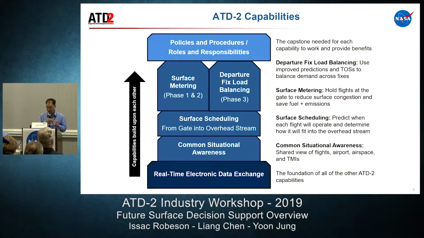So with that, I'd like to hand over to Isaac to go over the details of each major capability, and as we go on, Liang will show the live demos in parallel.